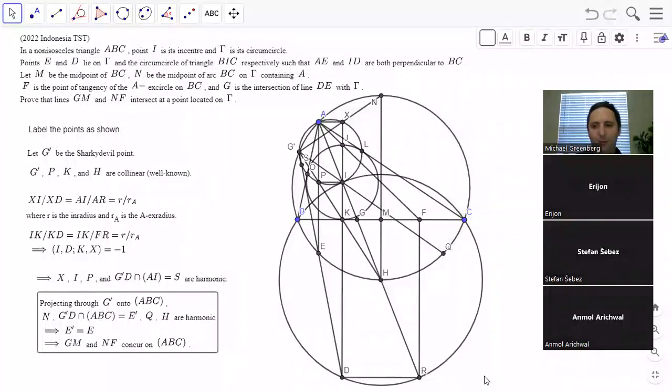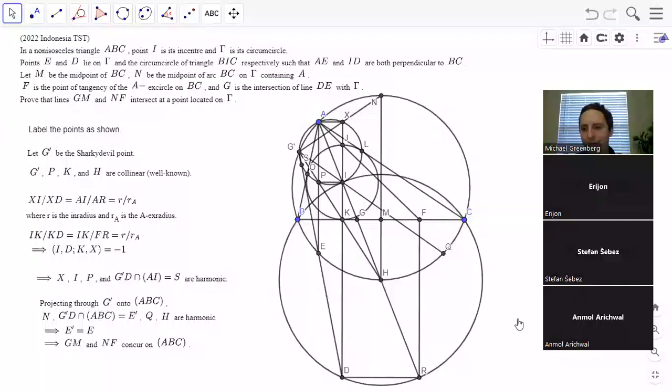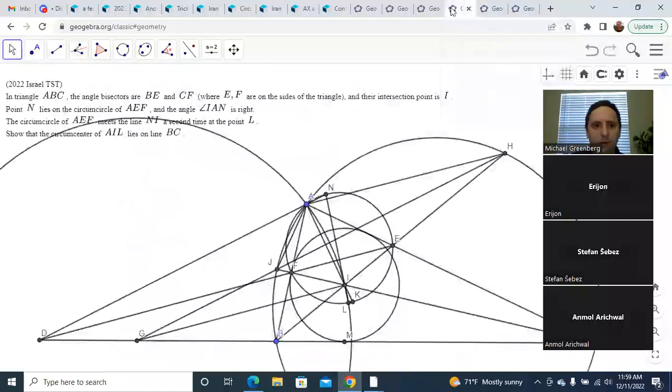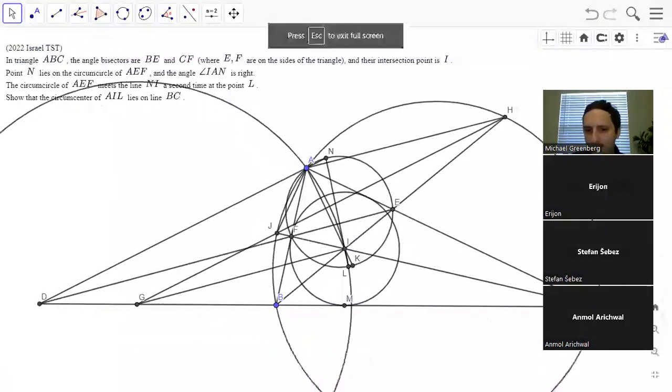How much time do we have left? One minute. Let's see if I can remember. Okay, so I'm trying to close out of this. Let's see. Here we go. This problem.